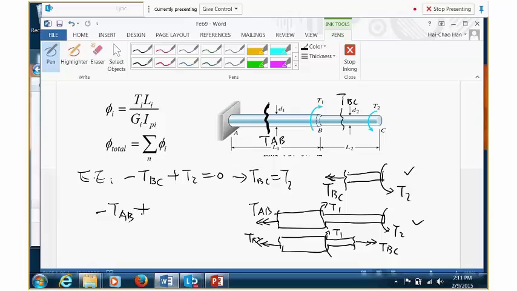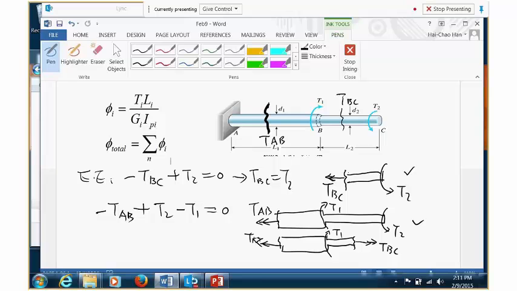For T1, is it a plus or minus? It's a minus, so minus T1. What about T2? It's a plus T2. So this will equal 0. Now from this equation, can you find TAB? Yes.